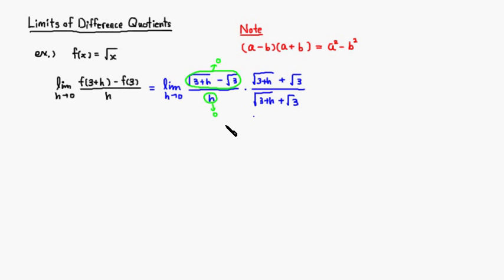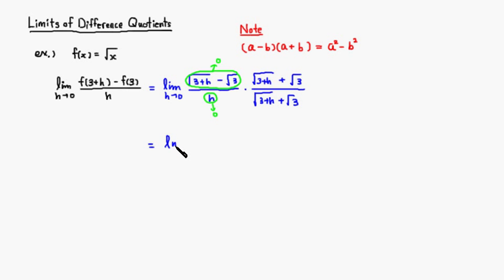Right? Then if you multiply out the numerators, remember that if you multiply a minus b times the quantity a plus b, you have a squared minus b squared. So we get to square these, which is good news because we get to get rid of the square roots.